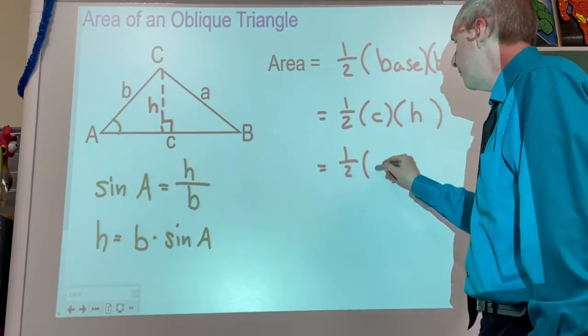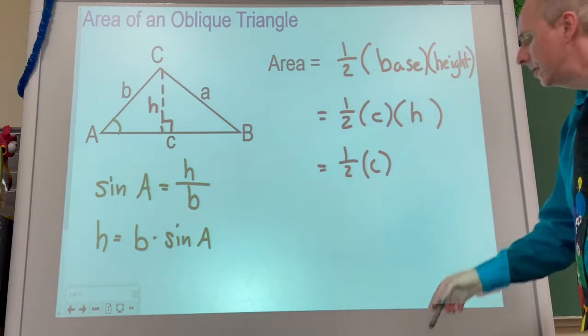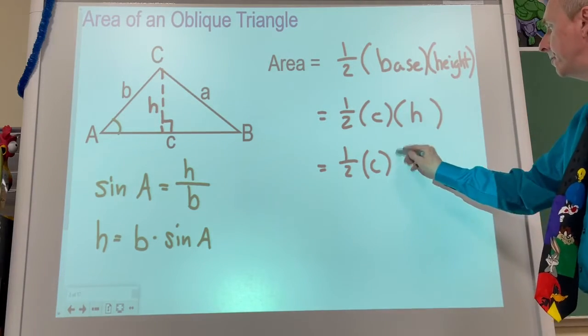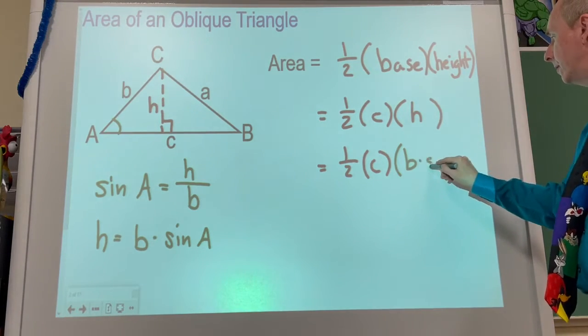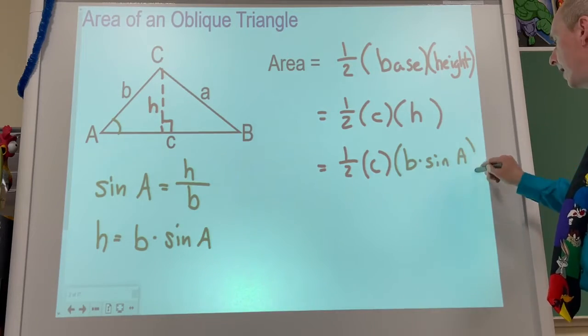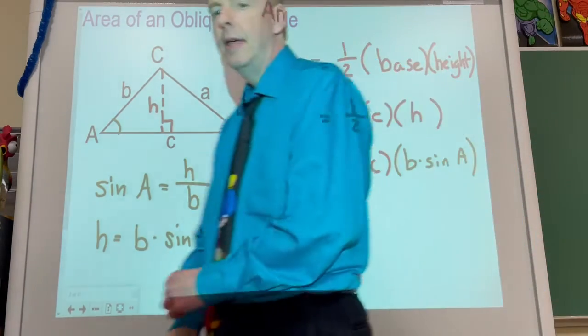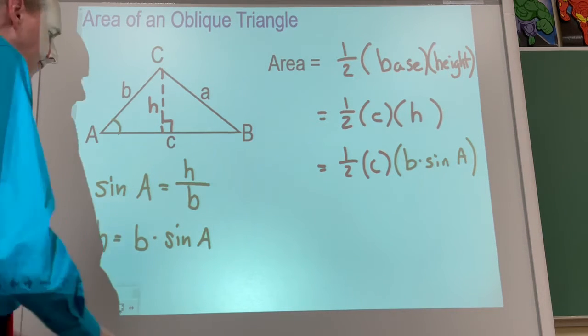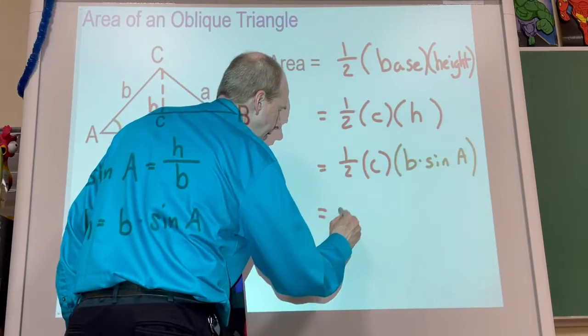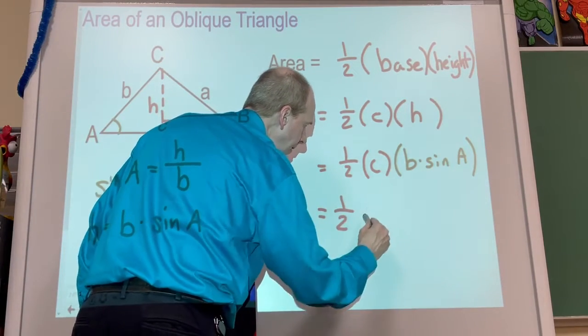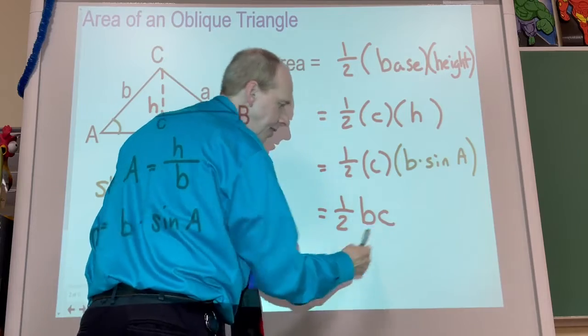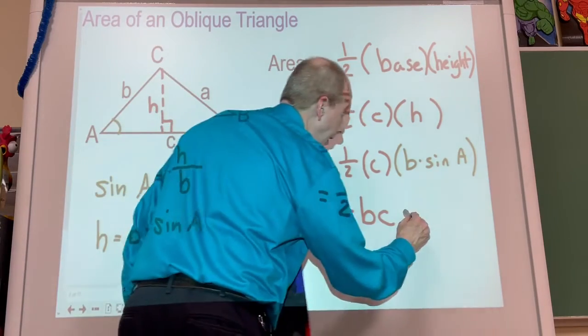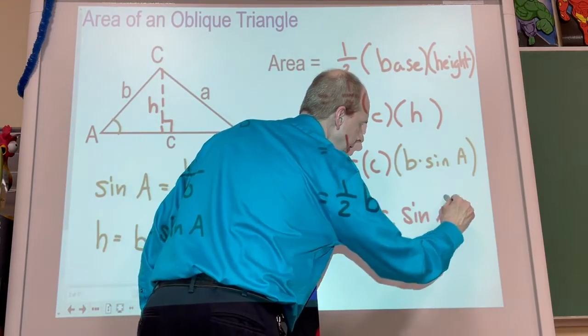So we have 1/2 times c times b sine A. With a little manipulation, this is our formula for the area of an oblique triangle: 1/2 bc, b times c, alphabetical order, sine of A.